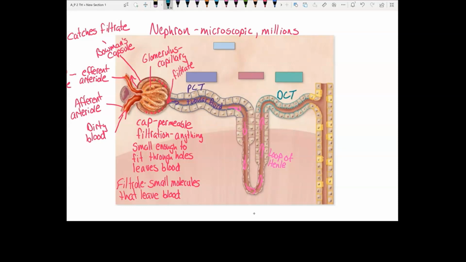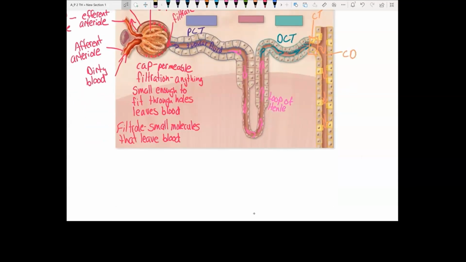That's distal convoluted tubule. The tubular fluid flows through here. Then we get to the collecting tubule, which is this little stump right here. And then this is the collecting duct. So you're going this way. Once you get down to the end of the collecting duct, then the tubular fluid is called urine.